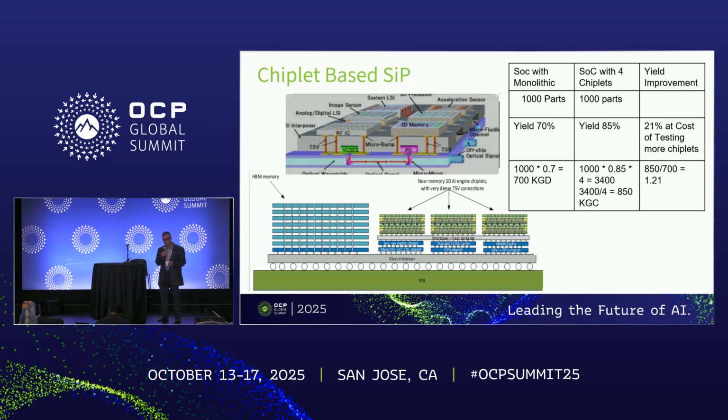And you can see in the picture above that when you go 2.5D and 3D, you also need to account for those TSV structural tests, because there can be shorts and opens, especially going for micro bumps.